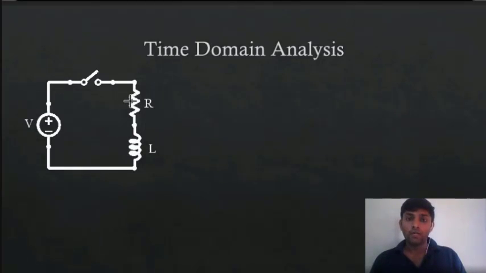If it is not connected, there is no supply. If there is no supply, there will be no current. So before switching the circuit, at time t equal to 0 minus, the current in the circuit, or current in the inductor, was 0.